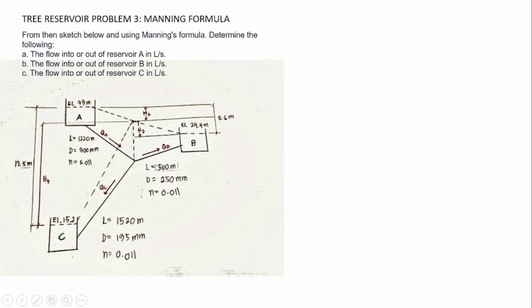Therefore, we are going to assume that the direction of flow from the junction is going to the reservoir. If that's the case, the elevation of the piezometer reading should be between elevation A and elevation B. And therefore, we can solve for the head loss 1, head loss 2, and head loss 3.